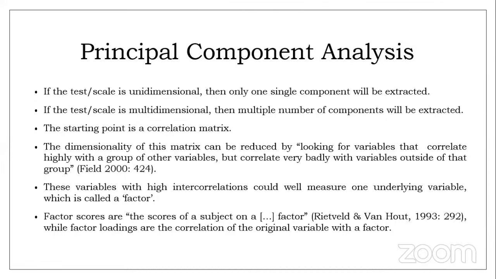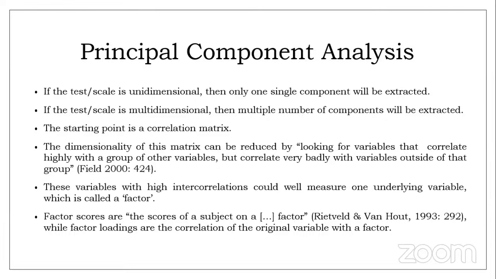Now coming to the applied aspect of PCA. What do we want to have when we are applying PCA on a particular data set? If our test or scale is unidimensional, then only one single component will be extracted.